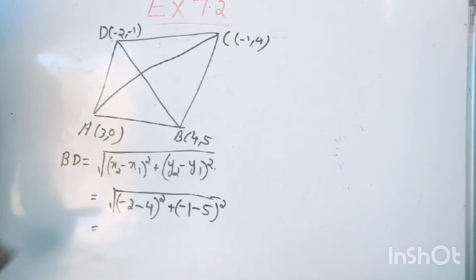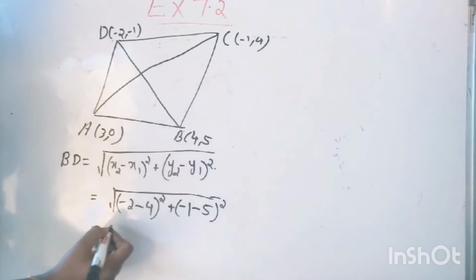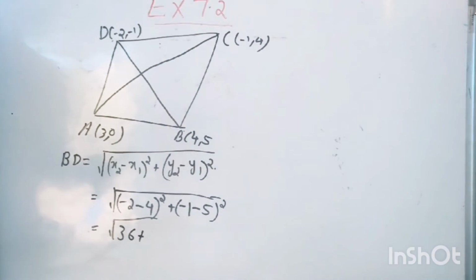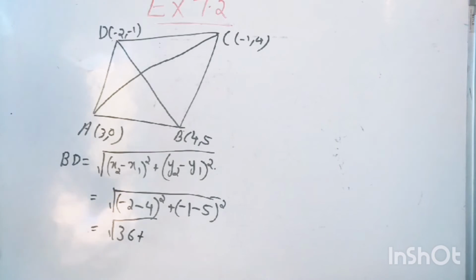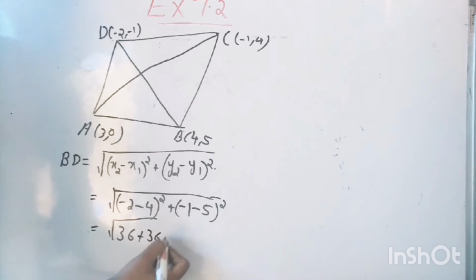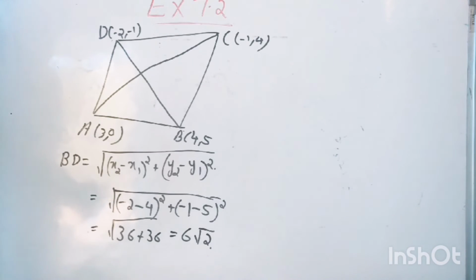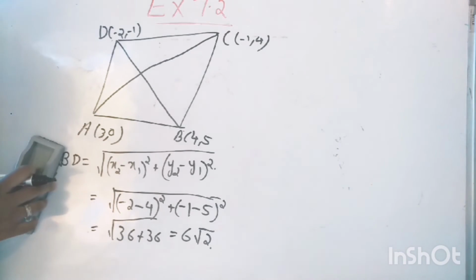That is equal to (-2 minus 4), that is -6, square is 36, plus (-1 minus 5), that is also -6, square is 36. This is equal to 6 root 2. So we got the length of diagonals AC equal to 4 root 2 and BD equal to 6 root 2.